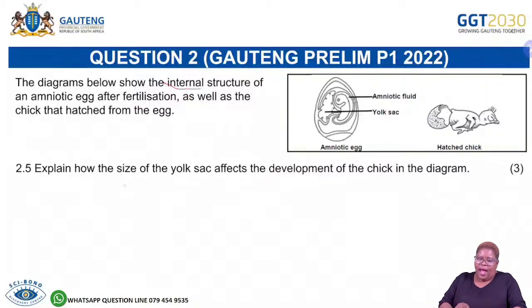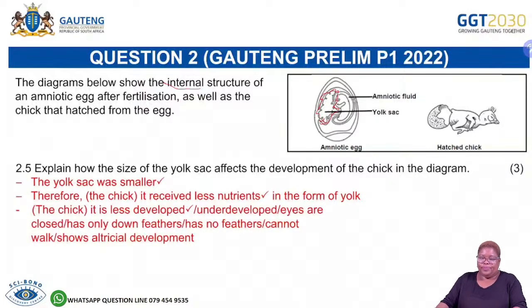So explain how the size of the yolk sac, this is the yolk sac, this is the label of the yolk sac as you can see, affects the development of the chick in the diagram.